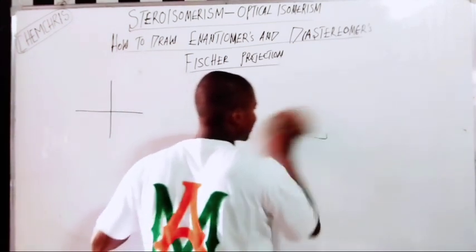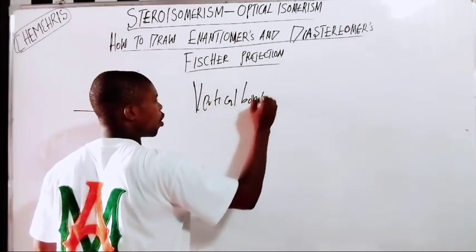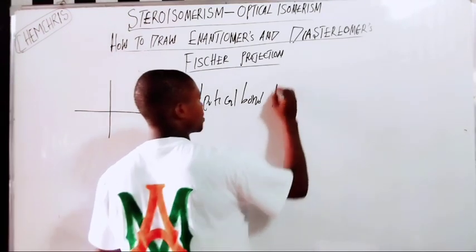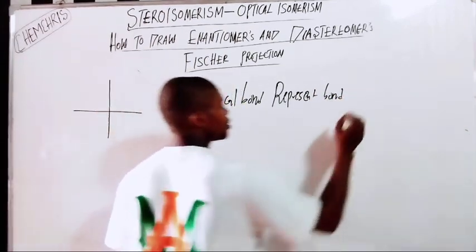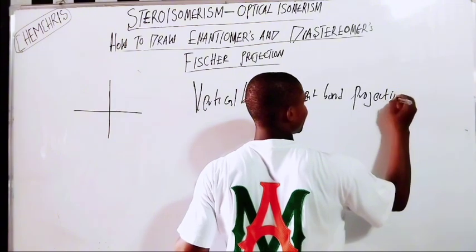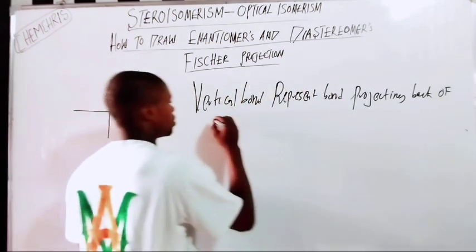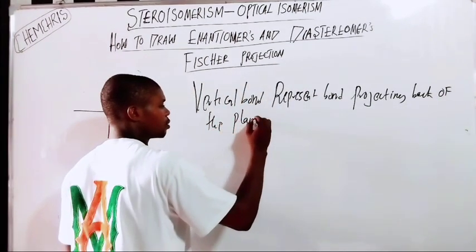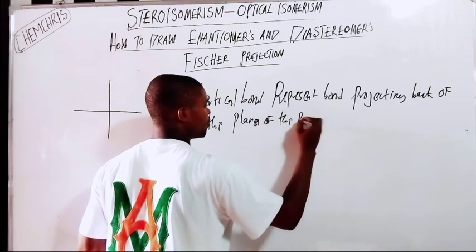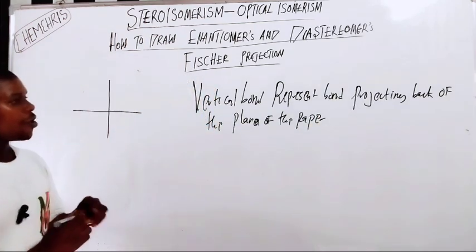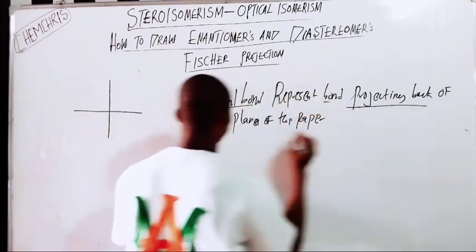Vertical bonds, or vertical lines, represent bonds projecting back of the plane of the paper.